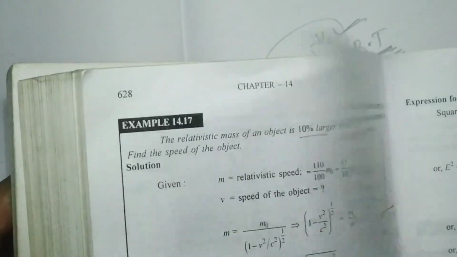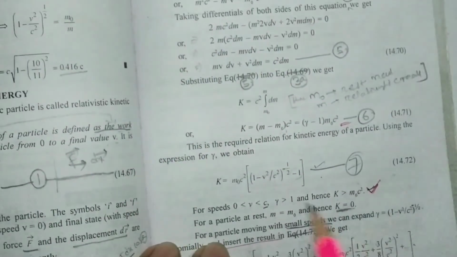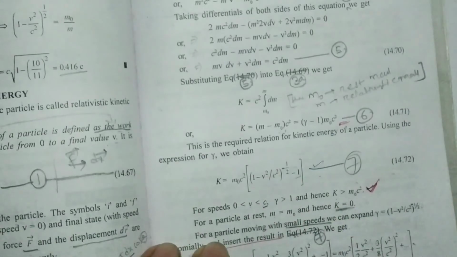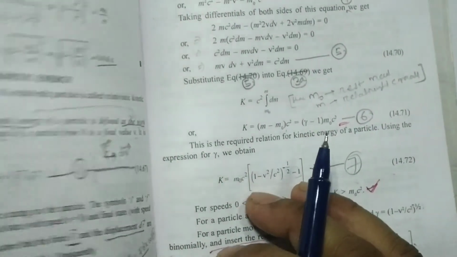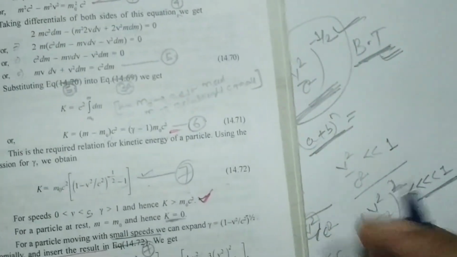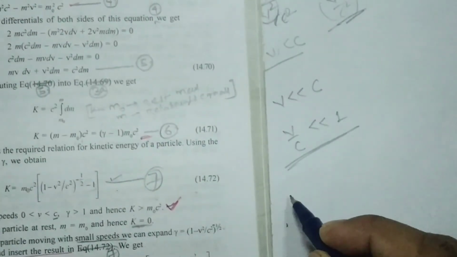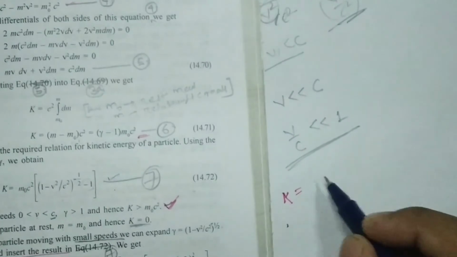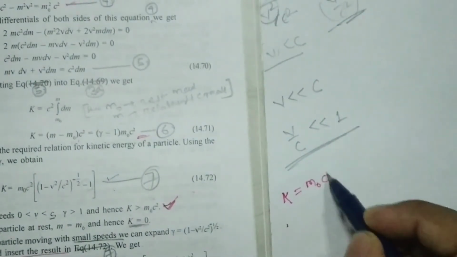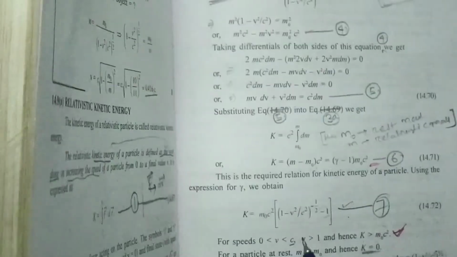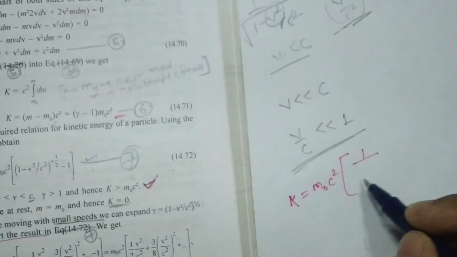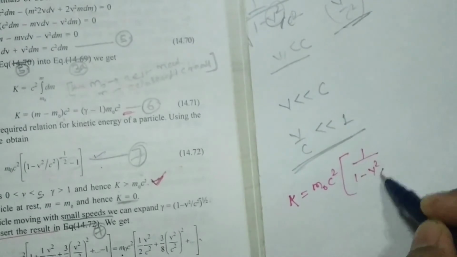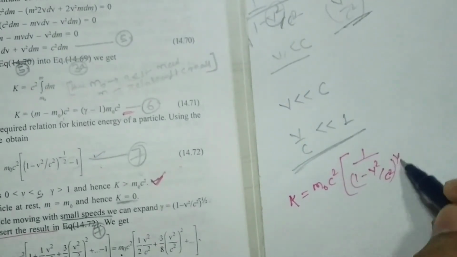How? See here, this is your kinetic energy: K equal to m0 c square into 1 by 1 minus v square by c square to the power 1 by 2, minus 1.